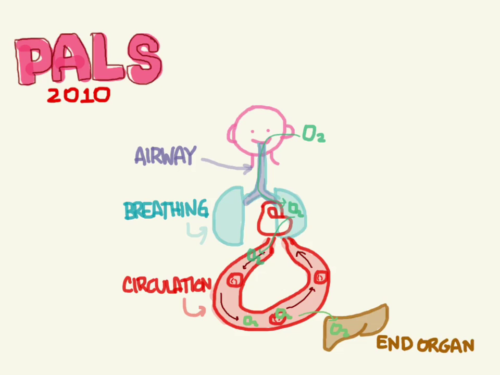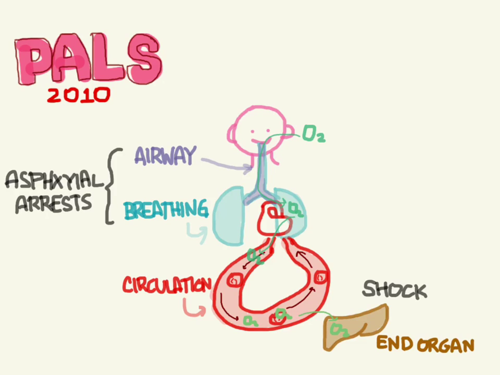Now, if something should go wrong with this system and the end organs are deprived of oxygen, this is when shock is going to develop. Now, in kids, the part of this system that's going to break down most often is one of these two, airway or breathing, since most of them are asphyxial arrests.